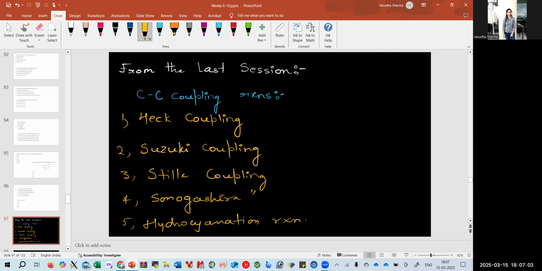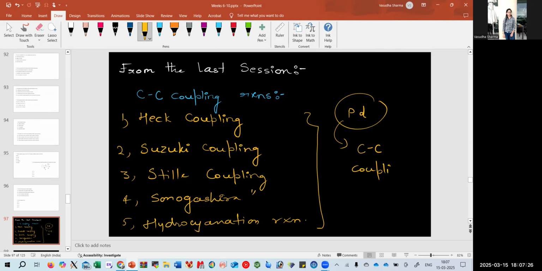Basically, we found that in these reactions we will mainly be talking about palladium-based metal catalysts, because palladium has low toxicity compared to the other 4d/5d systems. Also, it can tolerate a variety of functional groups. This is the most commonly used catalyst for C–C coupling reactions.